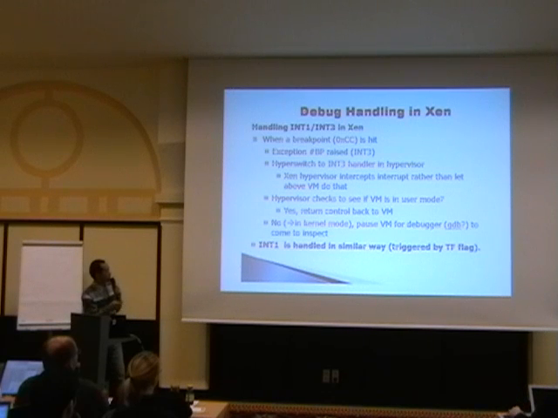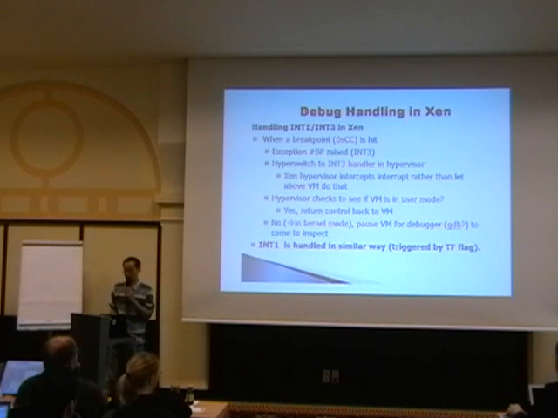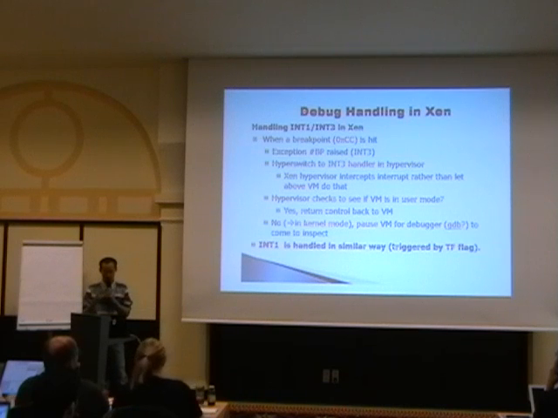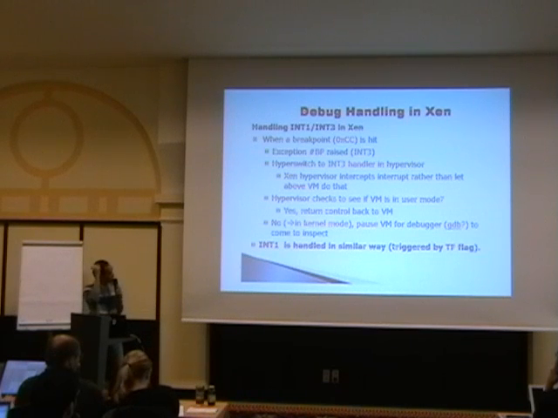If the virtual machine is in user mode, it returns control back to the virtual machine and lets it run normally. But if the virtual machine is in kernel mode, then we pause that virtual machine for a debugger, for example GDB, to come and inspect. That's how Xen handles interrupt 3. Interrupt 1 is handled in a similar way.